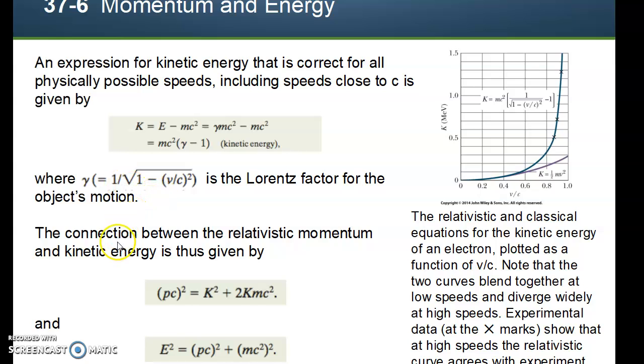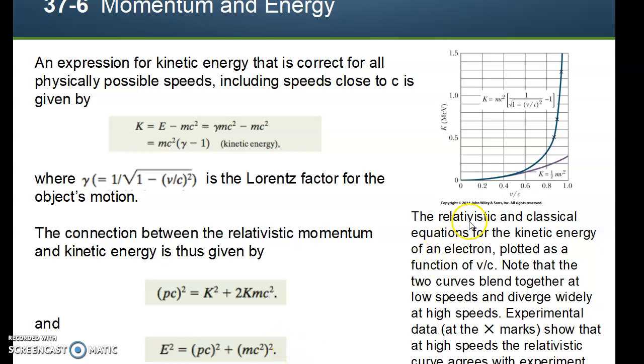The connection between the relativistic momentum and the kinetic energy is thus given by (pc)^2 = K^2 + 2K·mc^2, and E^2 = (pc)^2 + (mc^2)^2. Okay?